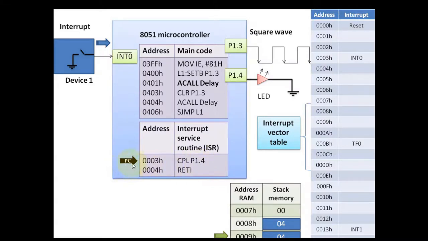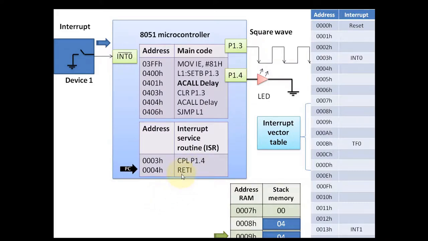So now the transfer of control is to the ISR. Here we have written these two instructions. CPL is nothing but complement. Complement the status of port 1.4. If it is initially 0, it will become 1. If it is 1, it will become 0 after execution of this instruction.